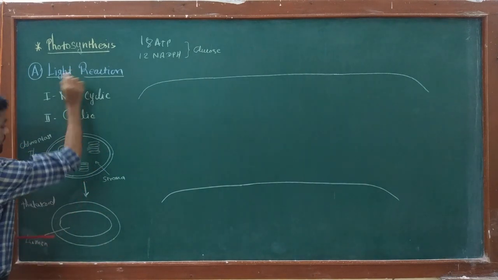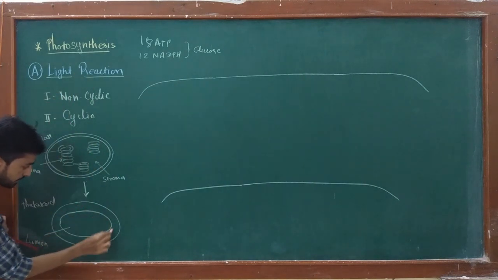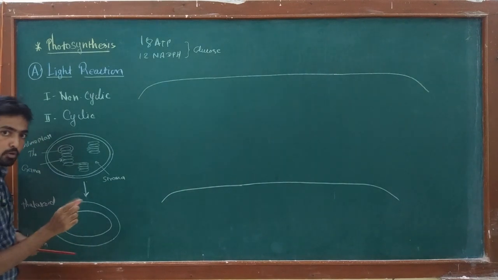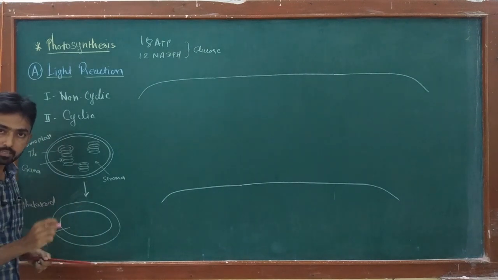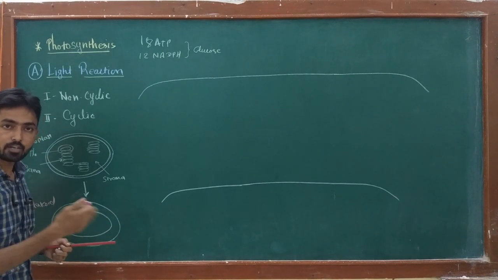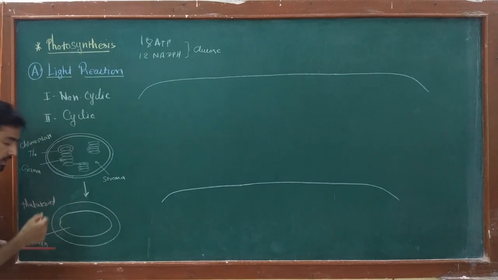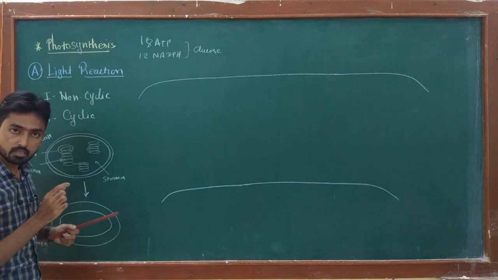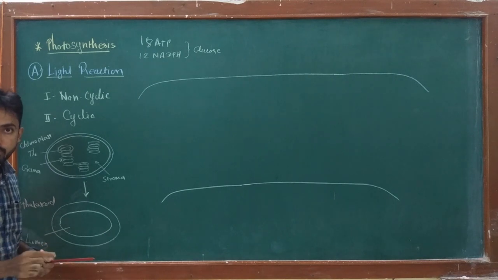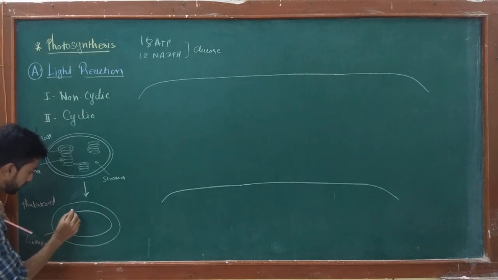The light reaction takes place in the membrane of the thylakoid. The thylakoid membrane has both types of pigment present in the plant, like chlorophyll, an essential pigment, and carotenoids as accessory pigments. These pigments are present in the membrane in the form of pigment systems or photosystems.